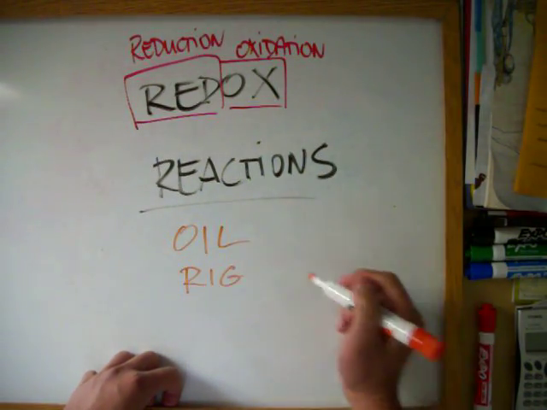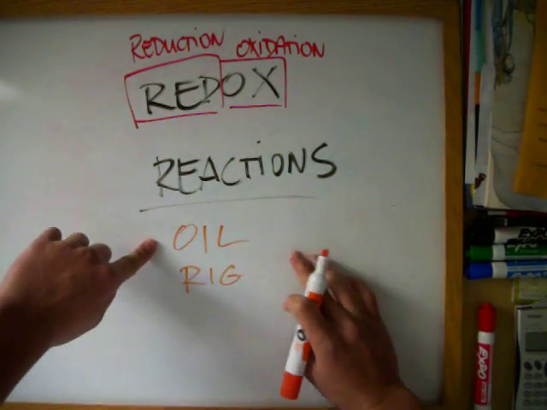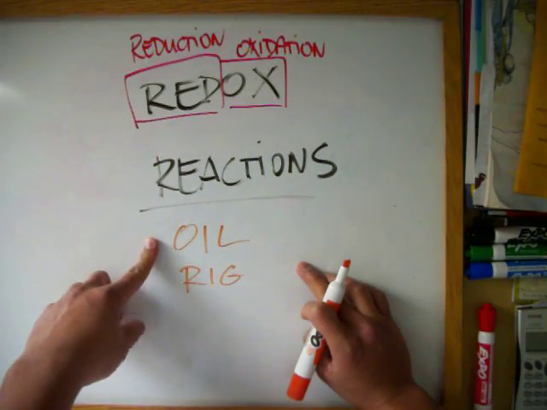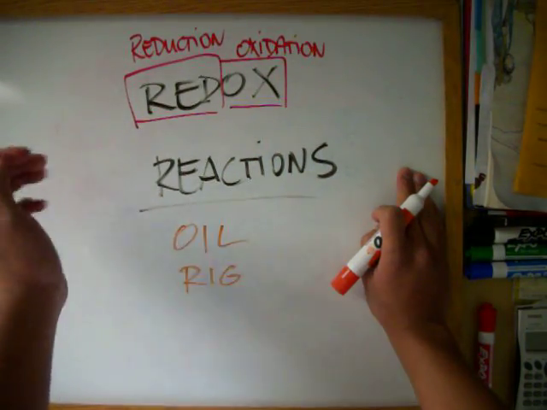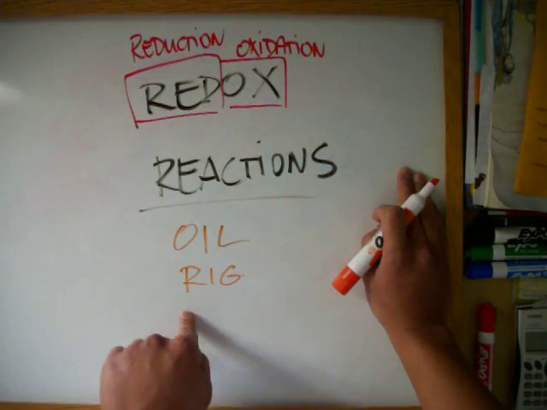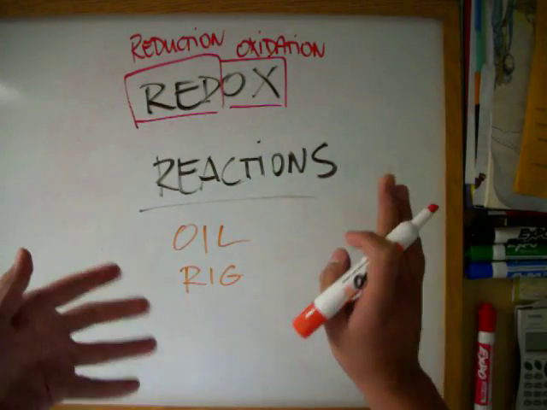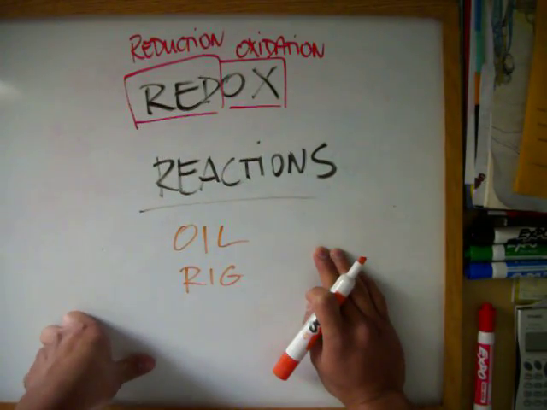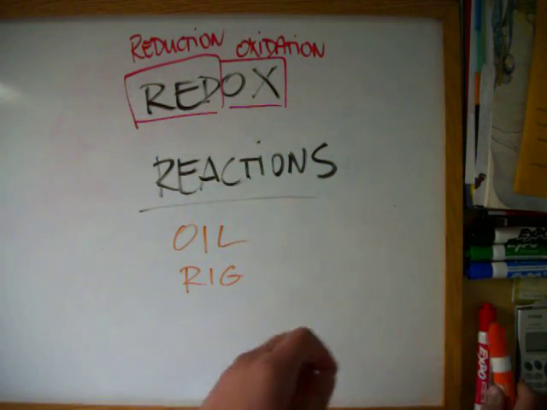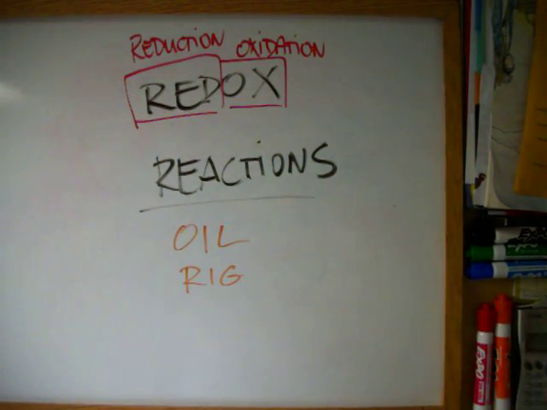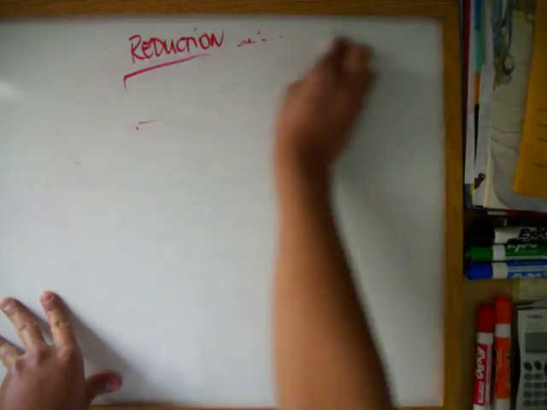Oxidation is losing, and that means that when you oxidize something, something loses electrons, and reduction is gaining. When you reduce something, it gains electrons, and I'm going to show that later in the video. Right now, let's look at an example of a redox reaction.